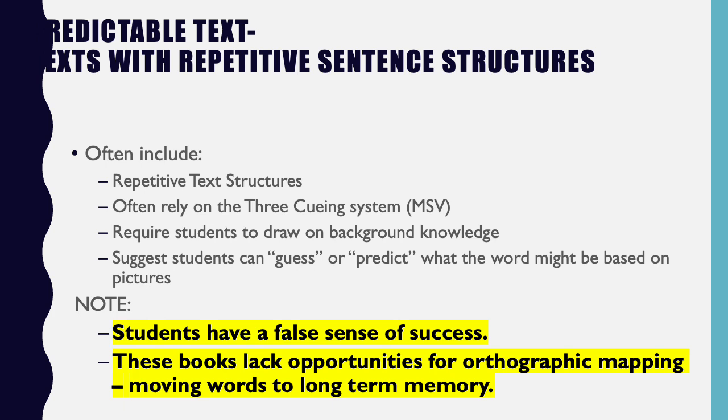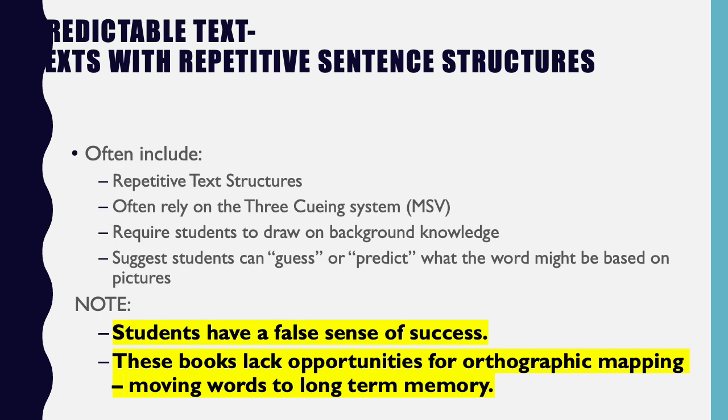The predictable text requires students to draw on their background knowledge, so they often have to know a little bit about the subject or the content of the book, and the students are encouraged to guess or predict what the word might be. When children read predictable text, they often have a false sense of success. They lack opportunities for orthographic mapping, and so the words are not moved to long-term memory, and there's not the phonological phoneme-grapheme connections.